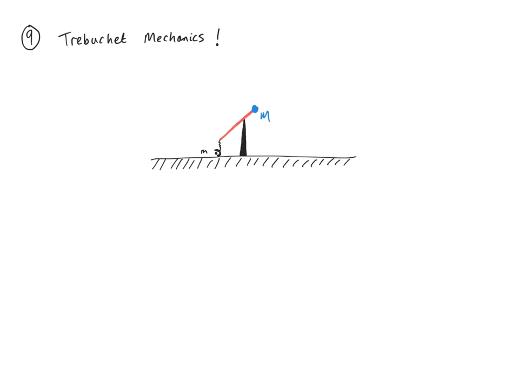And this little mass m is going to be the projectile, which we're going to fire as far as we possibly can using this trebuchet. So how do we do that? Well, at t equals 0, we lift up the mass as shown here, and then we let this thing go.